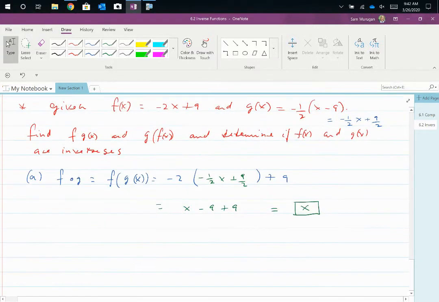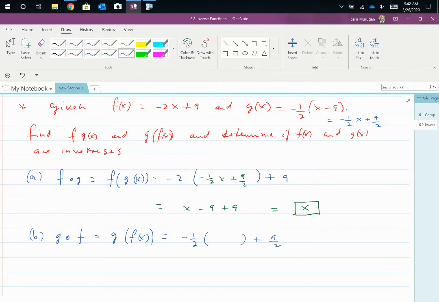Now we can't stop here. We have to do the second part, which is g composed of f. In other words, the g function substituted with the f function. In this case, this is negative 1/2 times, plus 9 over 2.